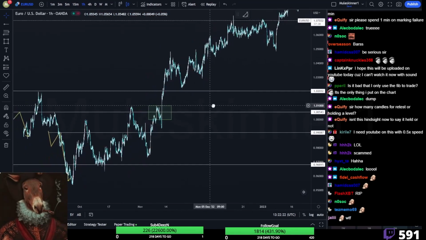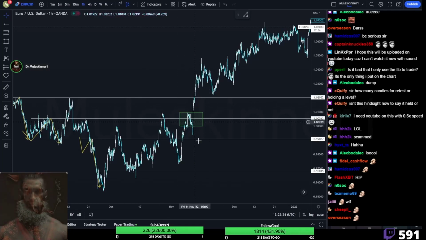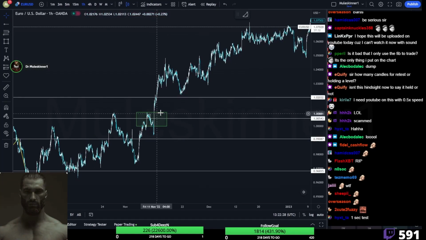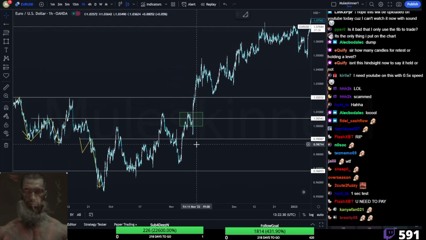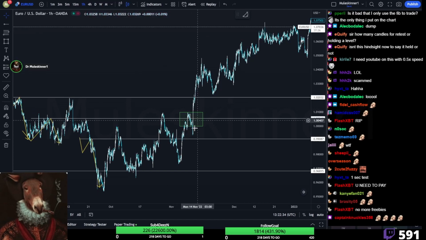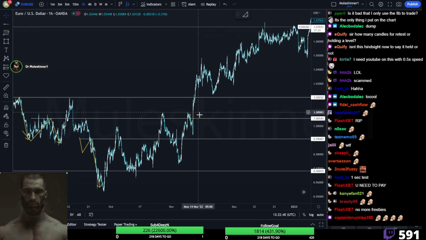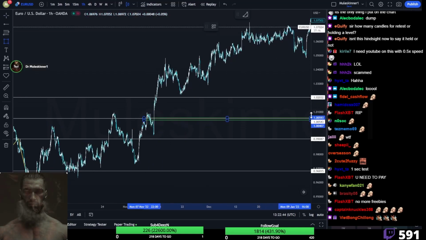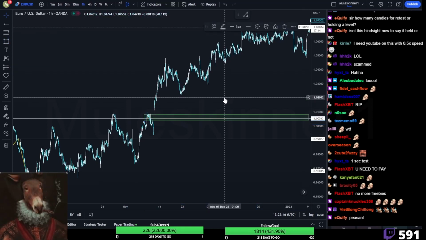Right, but even if we didn't do it, let's assume we didn't do the retest off this level. I can't zoom in to show you, but let's assume we didn't. So we did the retest of this one, we did the retest of this one, but we didn't do it on this one. So that means this is a potential level for it just to come down.